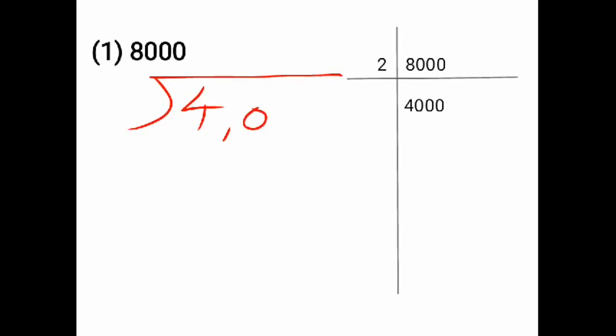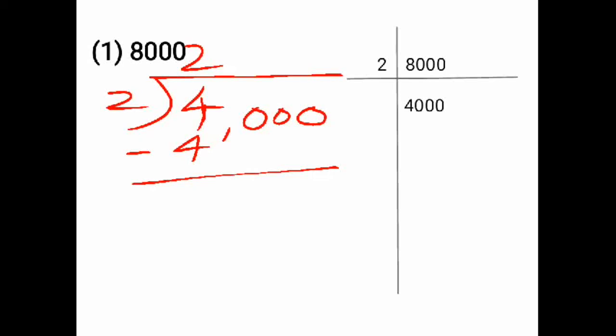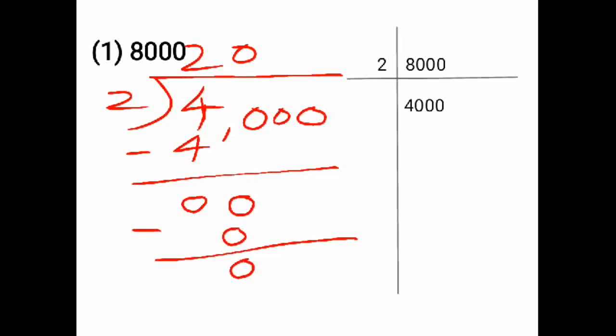That is 2 into 4000. Divide the number 4000 by 2. 2 twos are 4. 4 minus 4 is 0. 0 bring down. 2 zeros are 0. 0 minus 0 is 0.